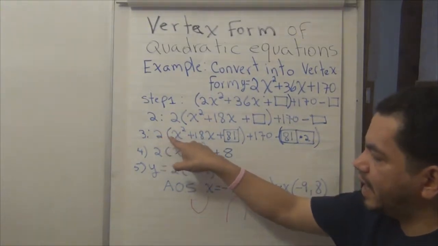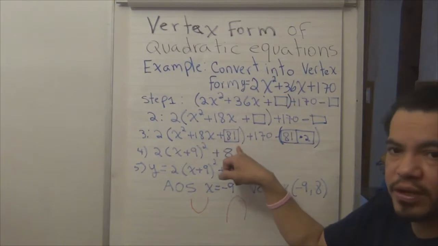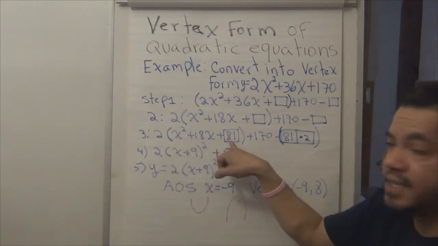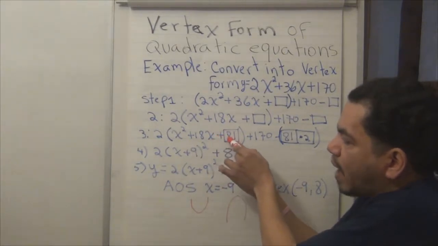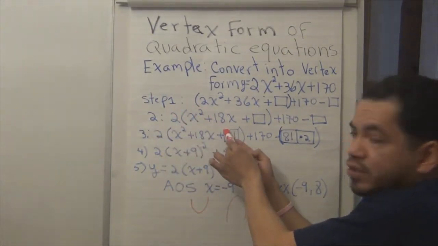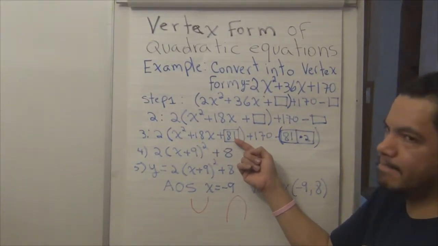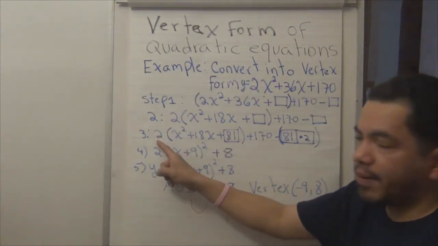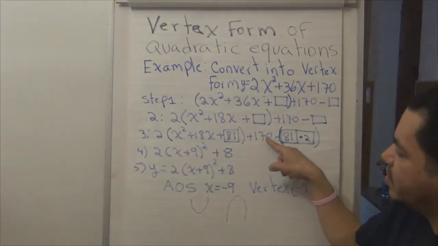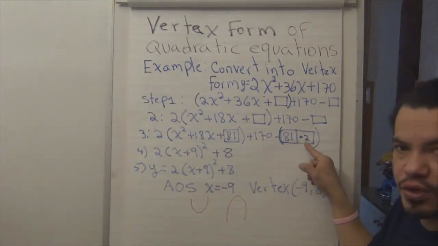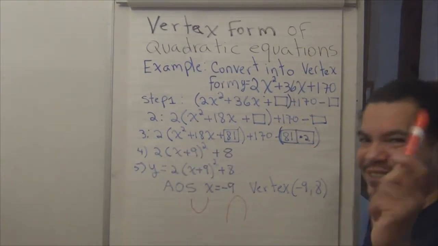You have a factor of 2 outside your trinomial here. Yes, this is 81, but in reality, are you really adding 81 or are you actually adding 162? So don't forget about this number outside. So then this is 170 minus 81 times 2.